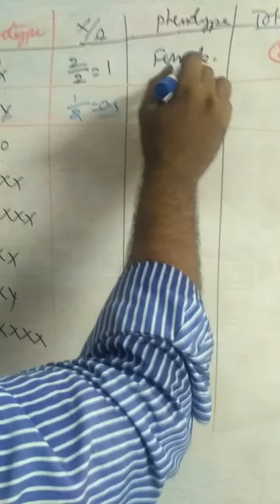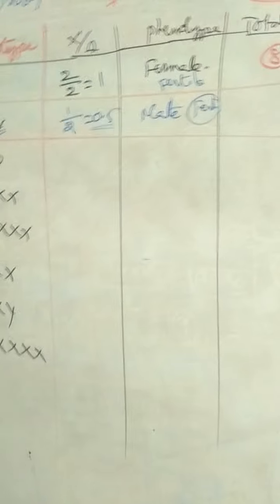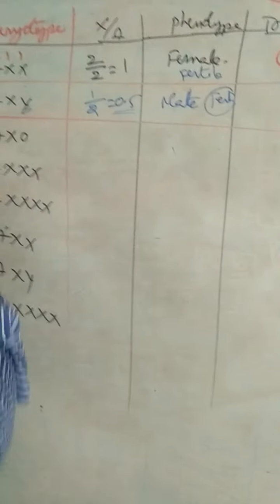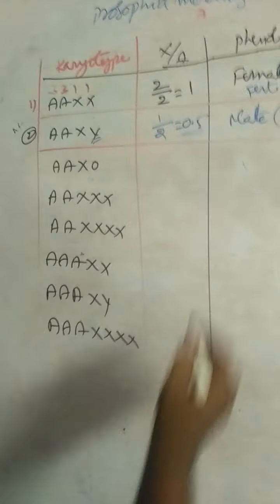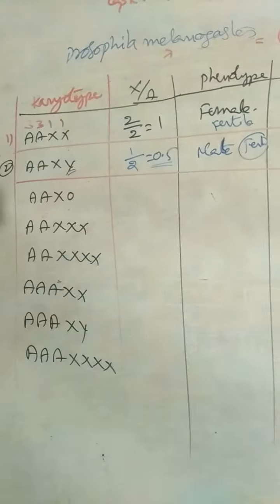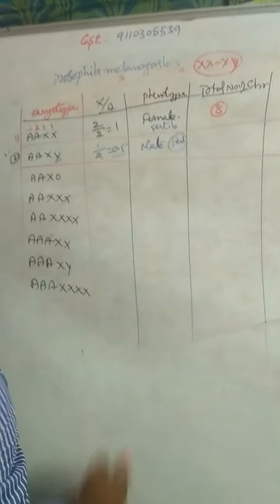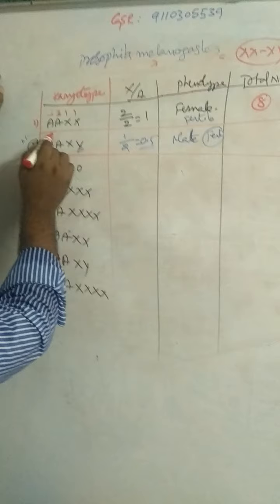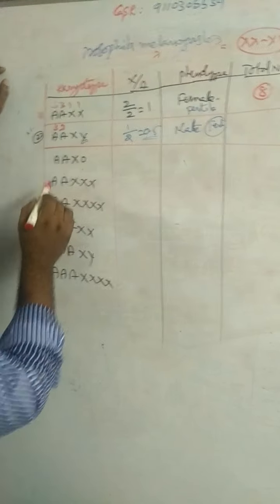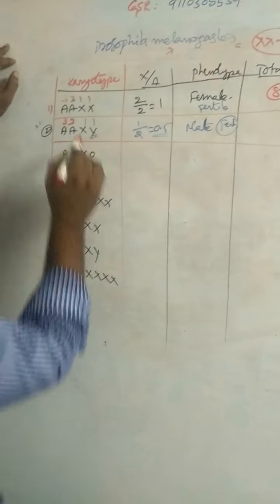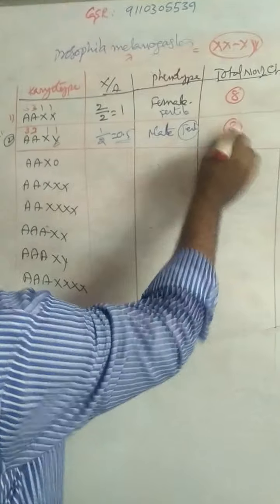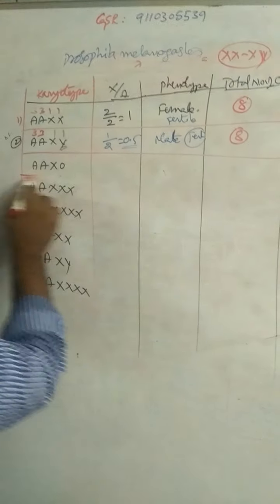Why is it called a fertile male? Y chromosome is present. So total number of chromosomes 3, 6, 7, 8. Total number of chromosomes in this combination 8 chromosomes.